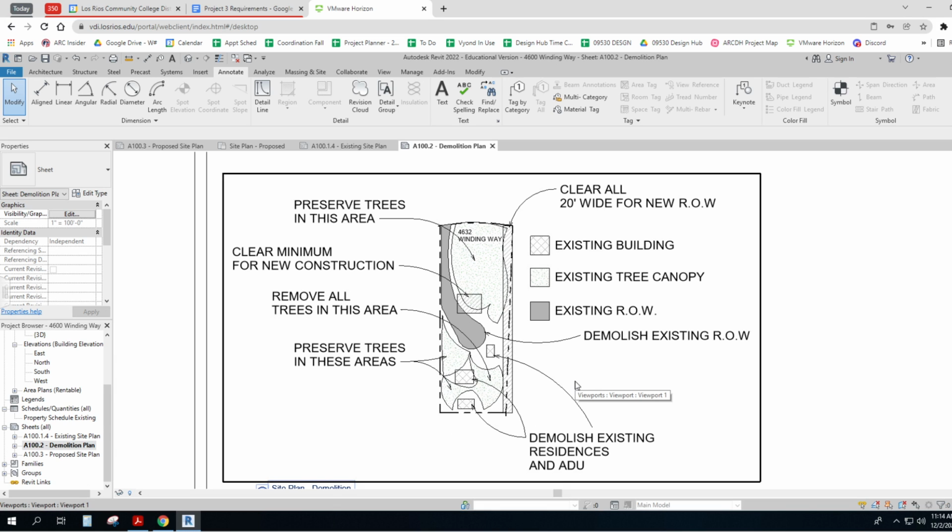So that would be an example of a demolition plan. That's really the scope of what's needed this week for this project. Okay, it's just that thought process.